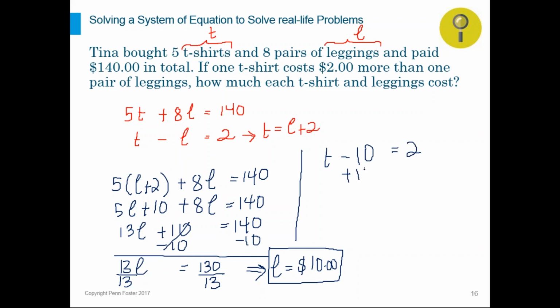So add 10 and add 10. So T equals, that's gone, equals $12. And it makes sense. It goes with everything given in the question. So the t-shirt costs $12 and one pair of leggings costs $10. So $12 and $10 are our answer.